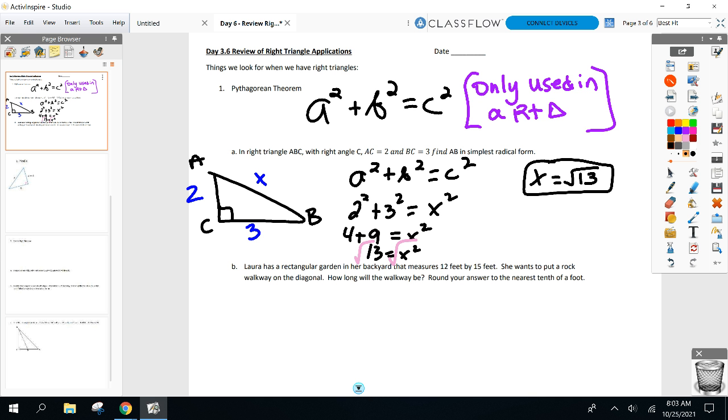How long is that walkway? Let's put our 12 and 15 on the rectangle, please. 12 and 15, diagonal, however way you want it.